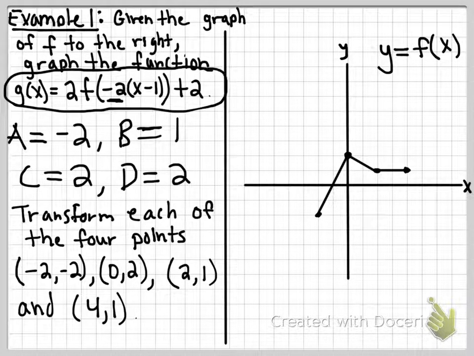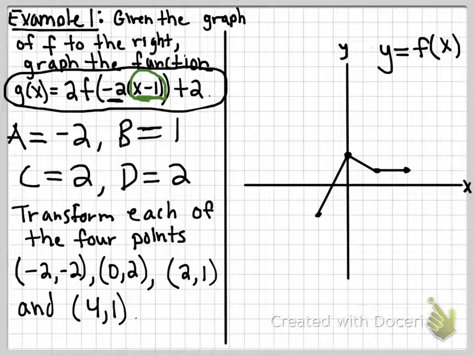Okay, so if you look at g of x here, you're going to notice that in these parentheses you have an x minus 1. So whenever you have a minus sign inside of those parentheses, x minus some value, you're always going to be shifting to the right.